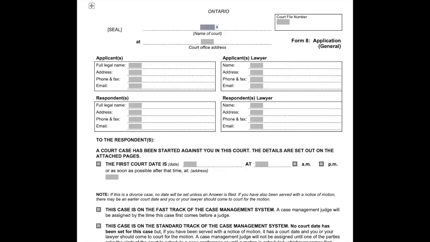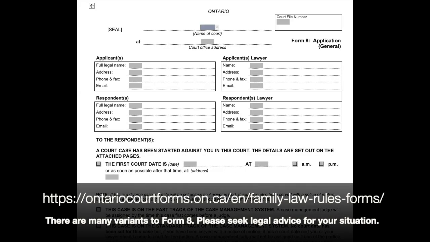So the first step in initiating a court proceeding is the applicant will prepare, serve, and file an application. Those applications are specified forms under the Ontario Court Forms. They're available on the website. It's a Form 8. Depending on what you're actually applying for, what Form 8 variant you're going to use depends on what you're going to be asking for.